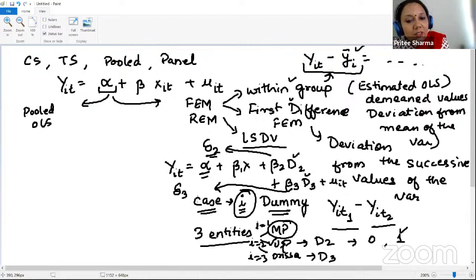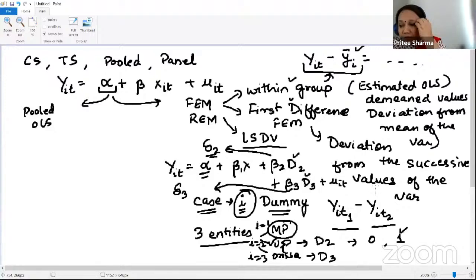Another reason is that if you put D1 also as a dummy in your data, then there will be a complete linear relationship. That is why we would not be able to run the analysis.